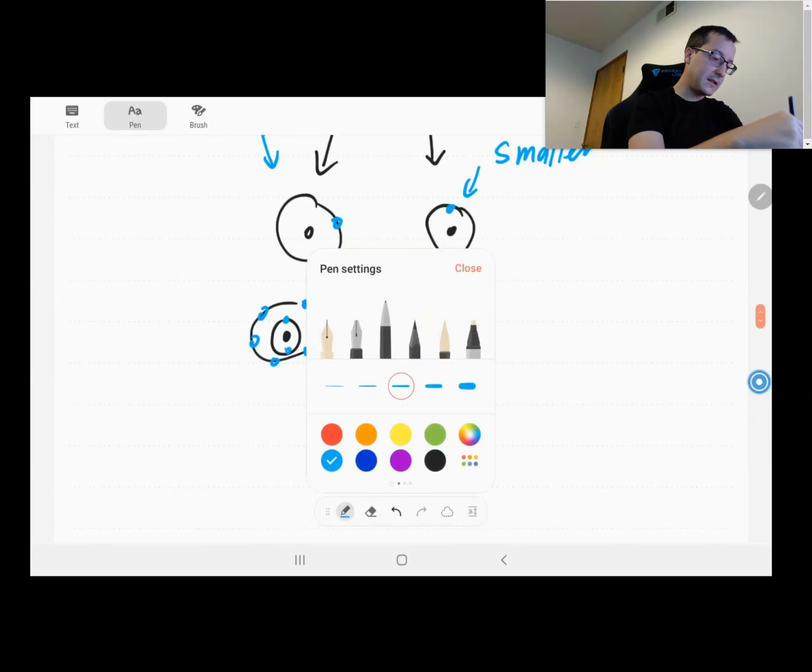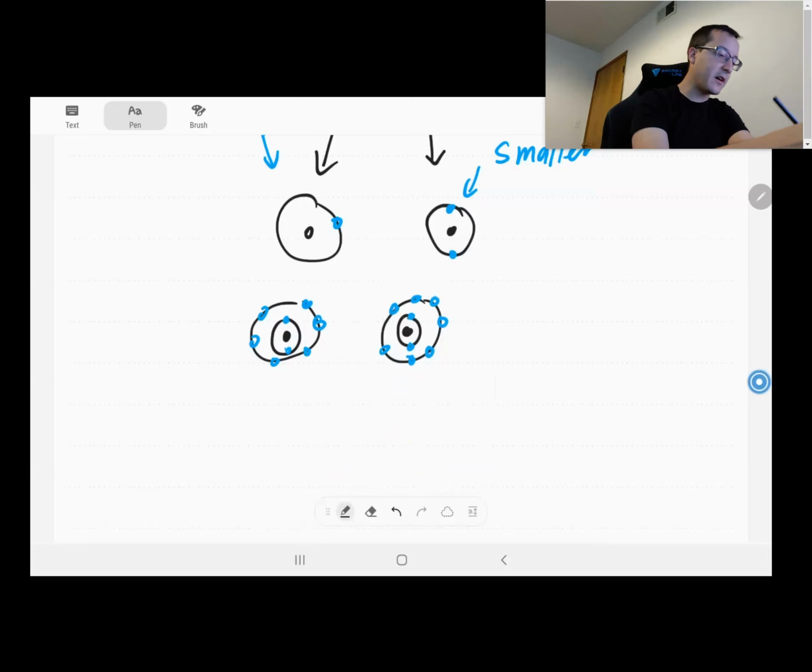Yeah, so we're going to see they both have two shells. Oh, I'm sorry, yeah, this is fluorine and this is oxygen. Sorry, Marissa. So, this has 9 protons, this has 8 protons.